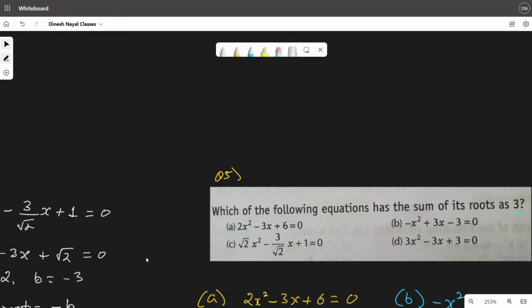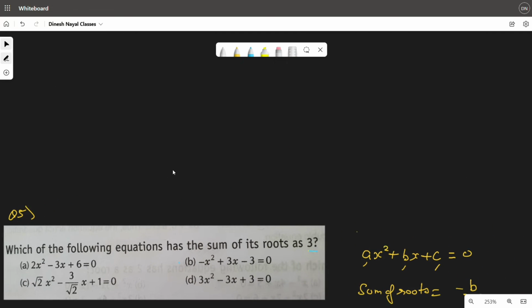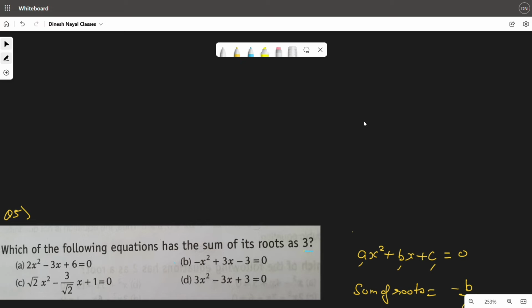Now finally checking the D part. The D part is 3x square minus 3x plus 3 equals 0. You can take 3 common.